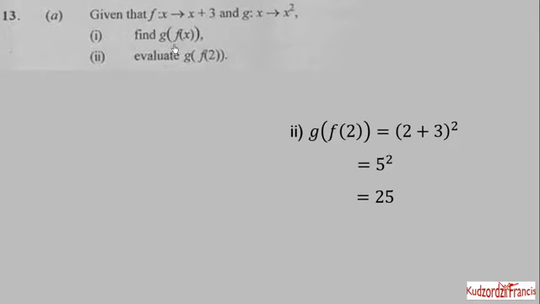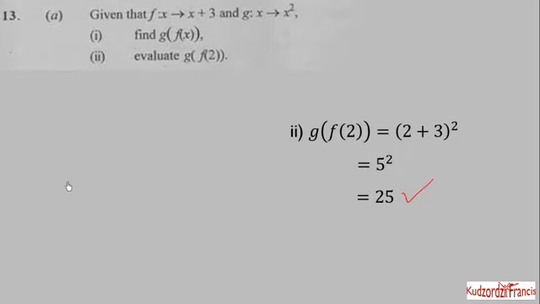You're supposed to evaluate g of f of x and evaluate g of f of 2. So f of 2, if you put 2 here you get 3 plus 2, that will give you 5. 5 squared will be 25. That will be the I part.